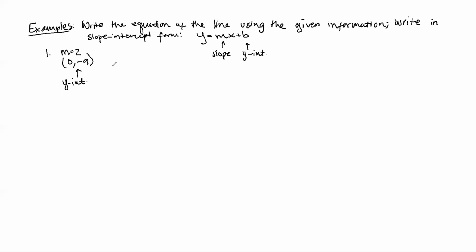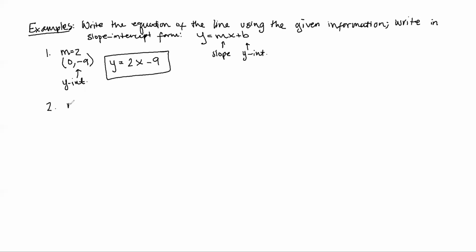So we're going to have y equals m, so our slope is 2, x, just leave that there, plus b, well, our b is -9, so we're just going to put -9. So that one's really nice. If you're given the y-intercept, it makes finding the equation pretty fast. With some other ones, they're not going to be quite as fast.